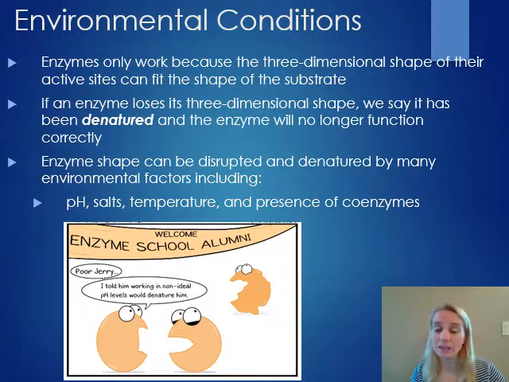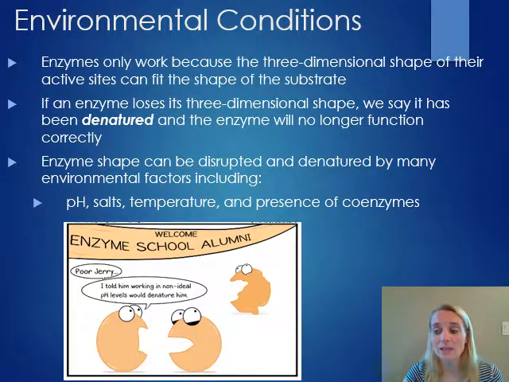This is typically in temperature and pH. So again, when an enzyme loses that three-dimensional shape, we call it denatured, and it lost its ability to function. So pH, so if you have too acidic or too basic environments, salt, if it's really salty, temperature too hot, you can denature the enzymes, or we have what are called coenzymes. We'll see that more in chapter 8.